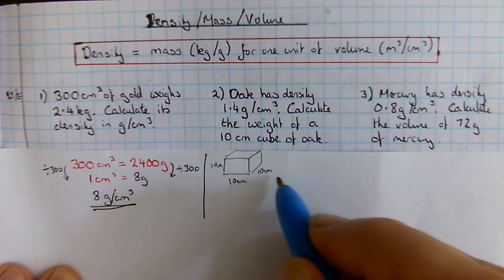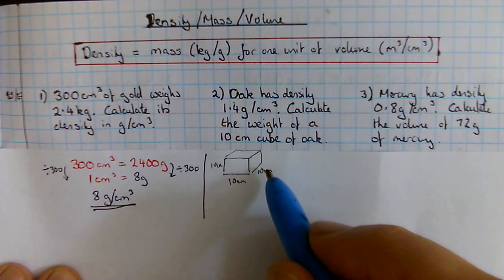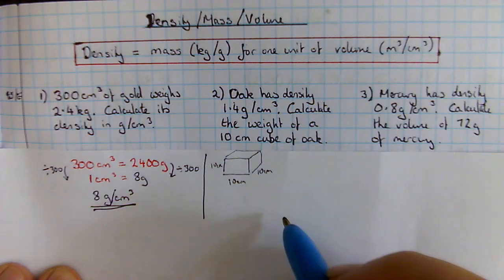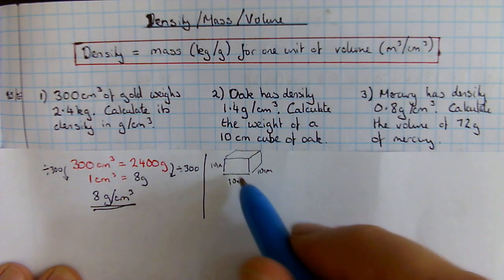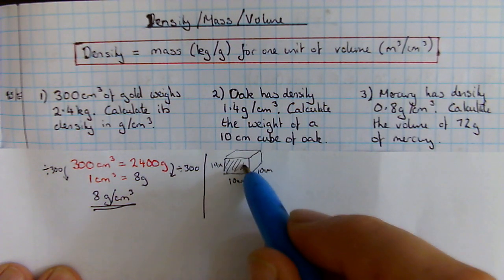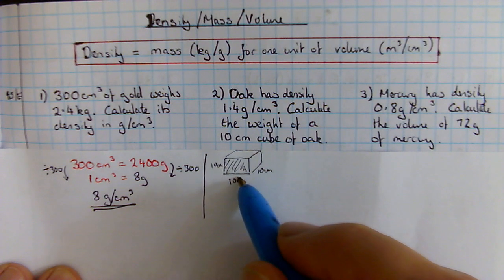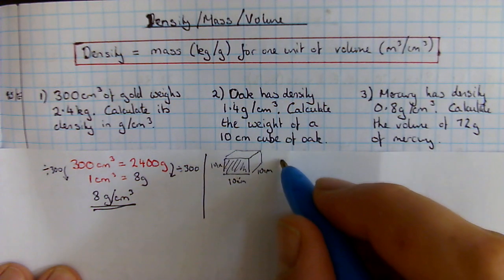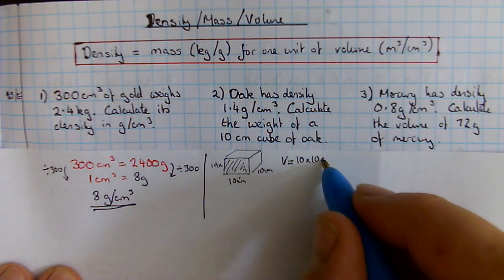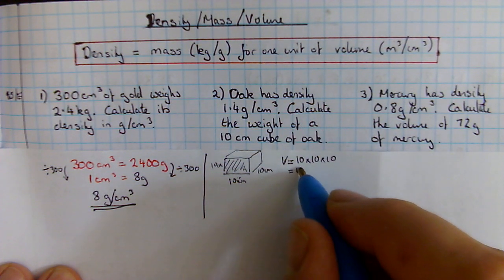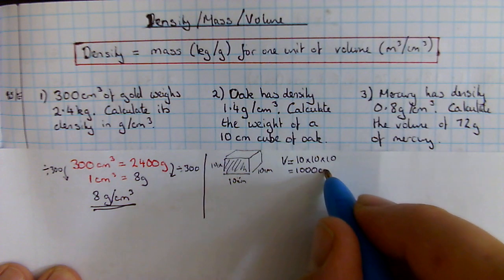So it's a block that looks like this. What I want to know is how much does that weigh? Well, the first thing we're going to need to do is work out the volume. So the volume of the face here is 10 times 10, which is 100, times by 10 is 1,000. So volume is 10 times 10 times 10, which is 1,000 centimetres cubed.